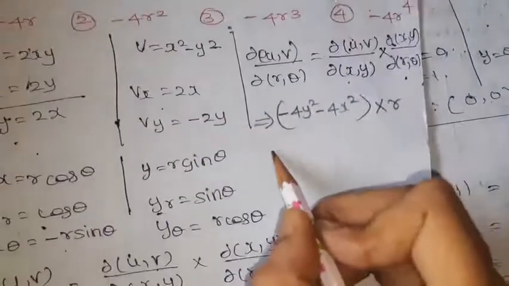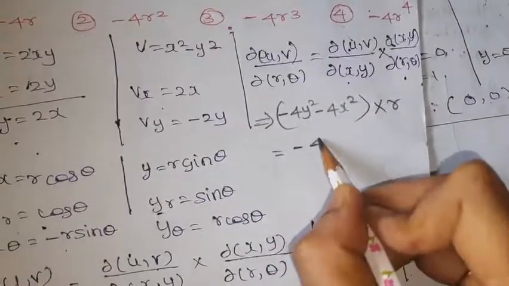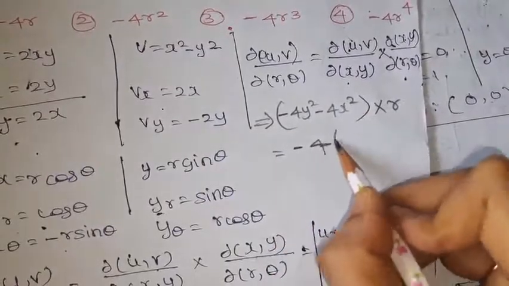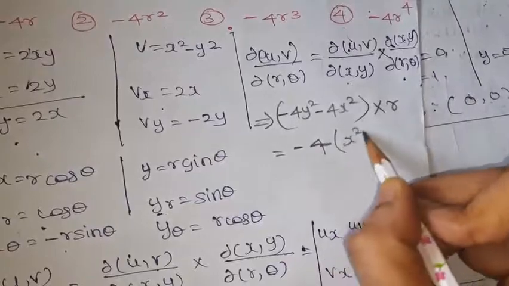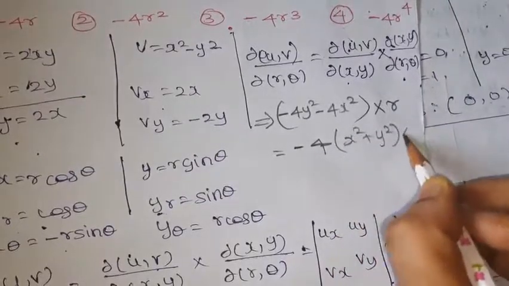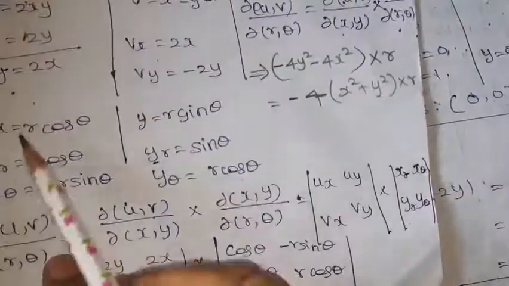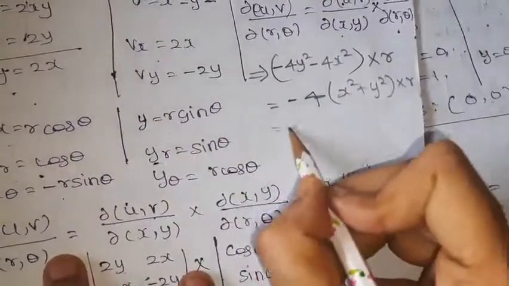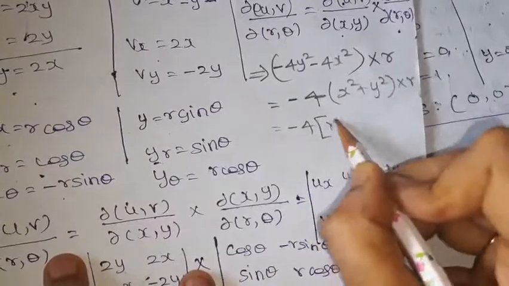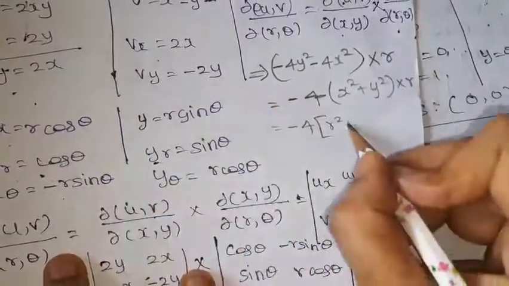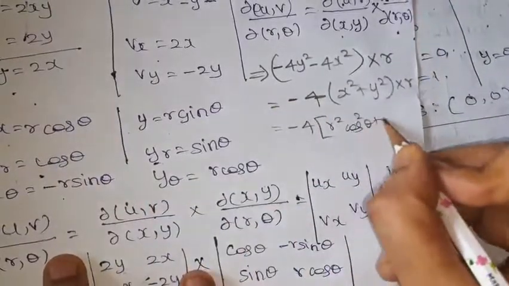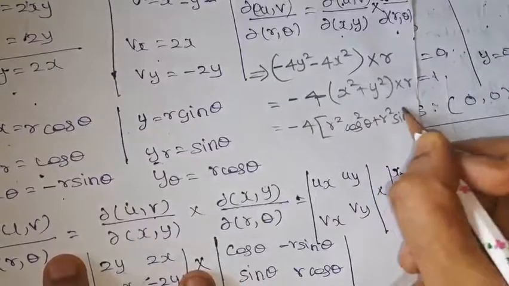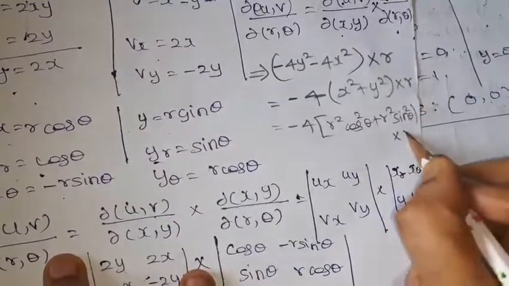So minus 4 taken outside, what can we get? X square plus y square, into r. What are x and y? X equal to r cos theta, y equal to r sin theta. So we get r squared cos square theta plus r squared sin square theta, into r.